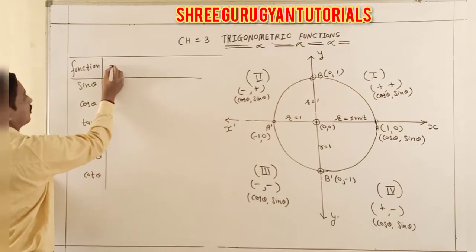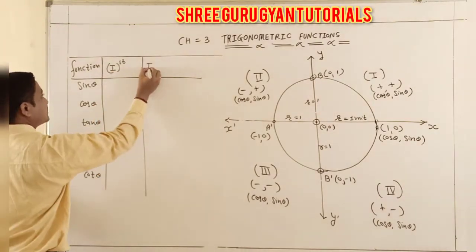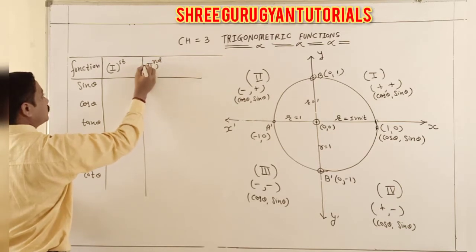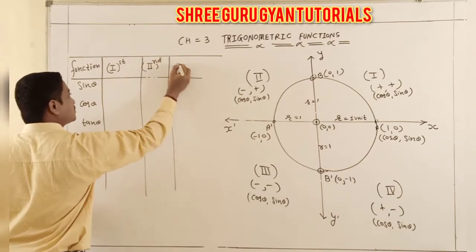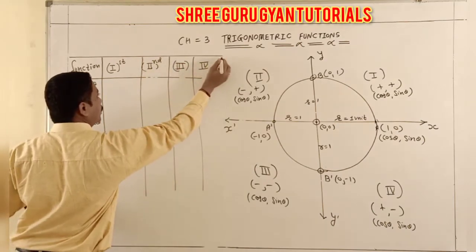And here I go to our first quadrant, the same as the second quadrant. Similarly here the third quadrant, and last our fourth quadrant.